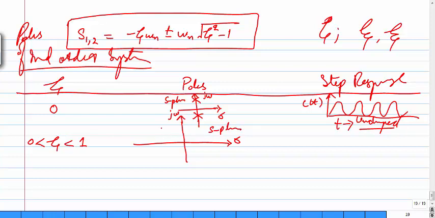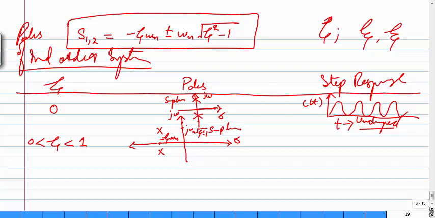You have poles with real part minus zeta omega n and imaginary part j times omega n under root zeta square minus 1.